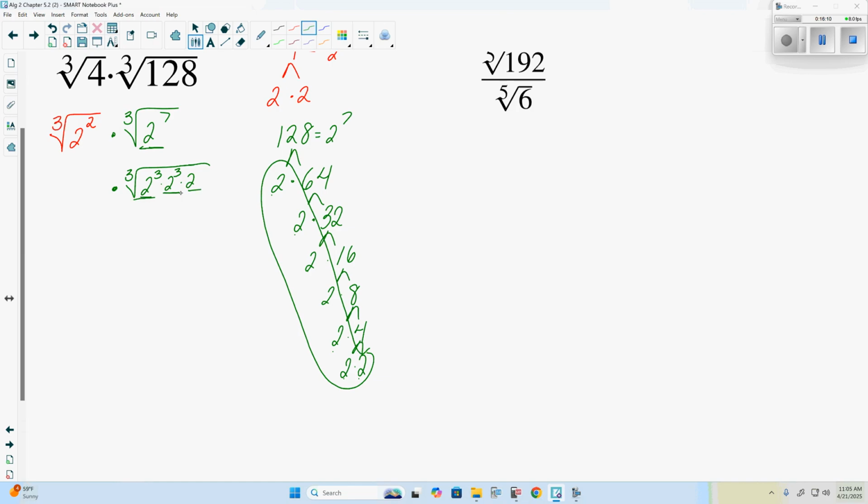2 of these 2 to the 3rds will simplify out, because again, we're looking for a number multiplied by itself 3 times. So one of the 2 to the 3rds would simplify to 2. The second, again, would simplify to 2. 2 of them will simplify out.